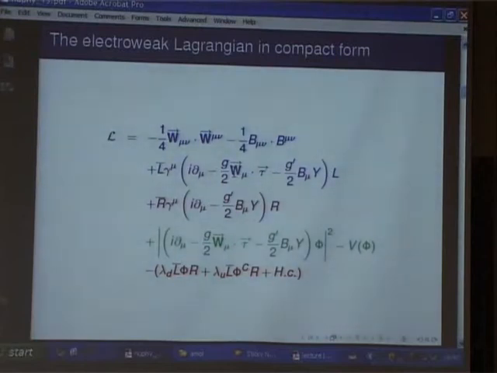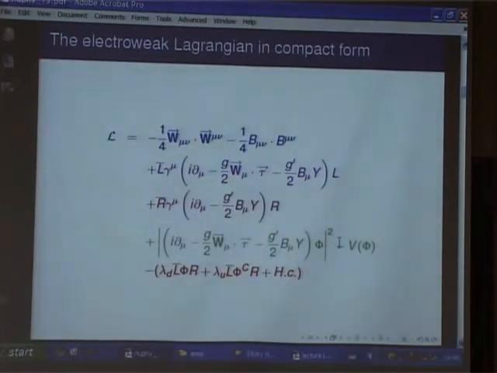But essentially we have a weak hypercharge whose force is carried by this gauge boson called B. And we have this SU2, which is the weak isospin, and that force is carried by these three particles called W1, W2, W3. Tau acts as the Pauli matrices. They are the generators of SU2.